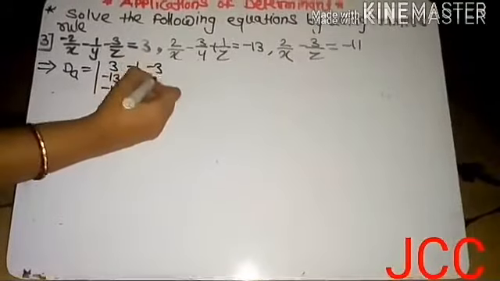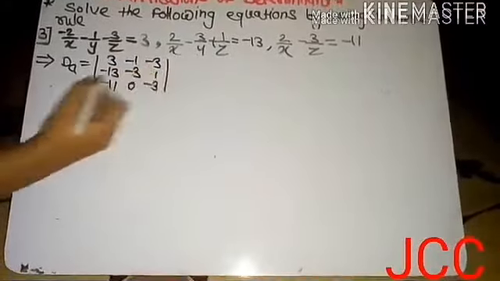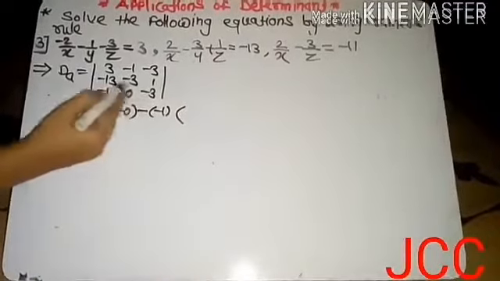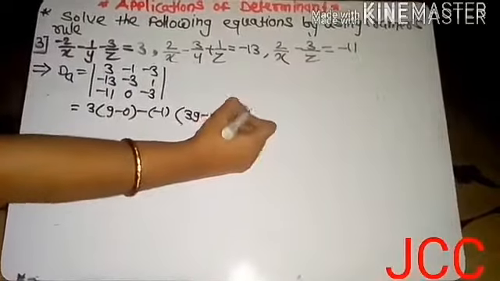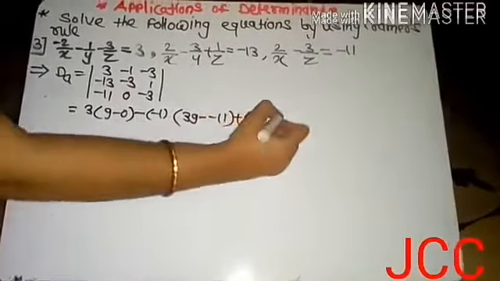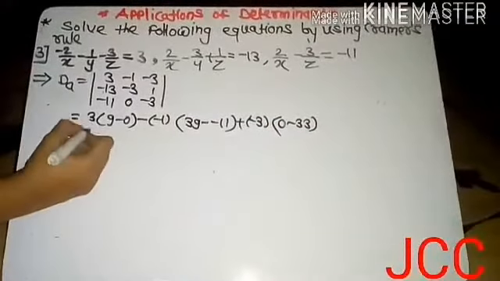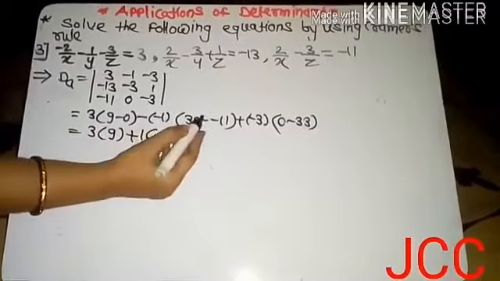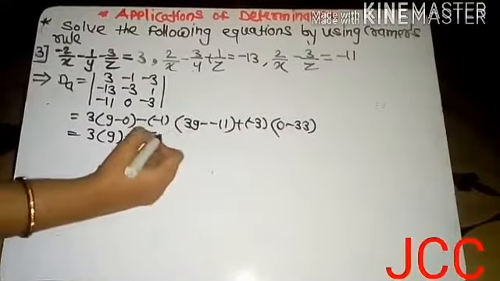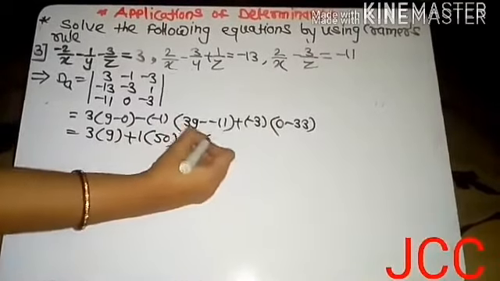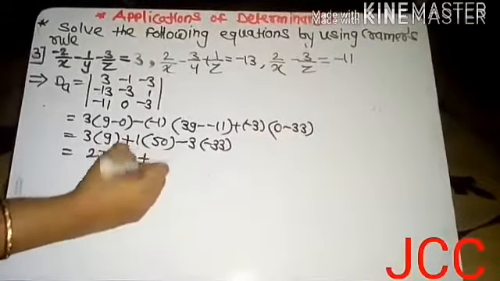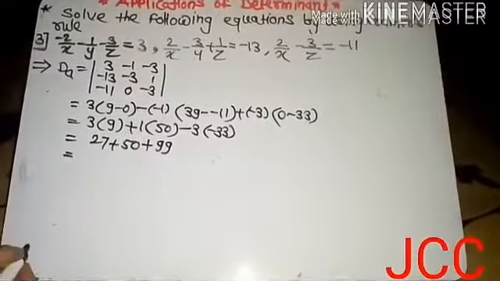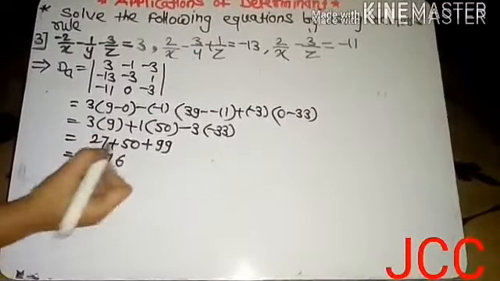Then minus 3, 1, minus 3, that is equal to 3 (9 minus 0), that one is minus 1 (minus 13 into minus 3, 39 minus 11 into 1) plus minus 3 (0 minus 33), that is equal to 3 times 9 plus 1 times (39 plus 11), that is 50, minus 3 times minus 33, that is equal to 27 plus 50 plus 99. 27 plus 50 plus 99 is equal to 176.